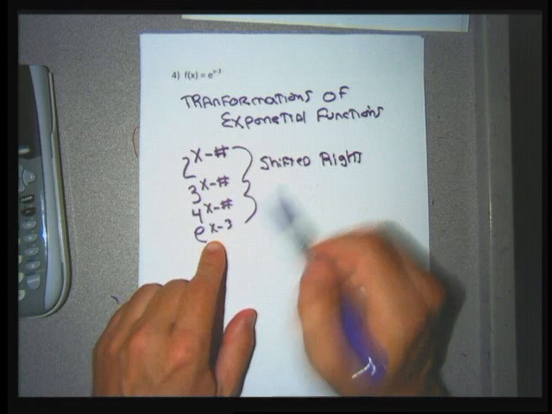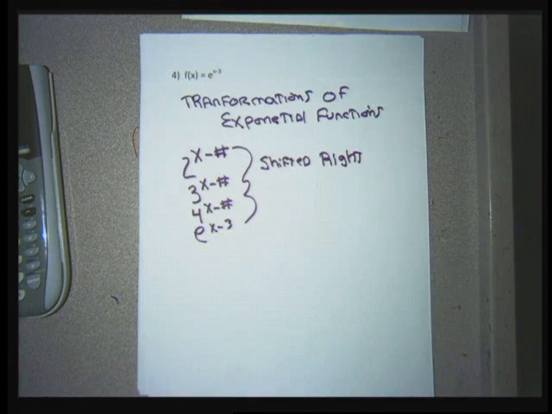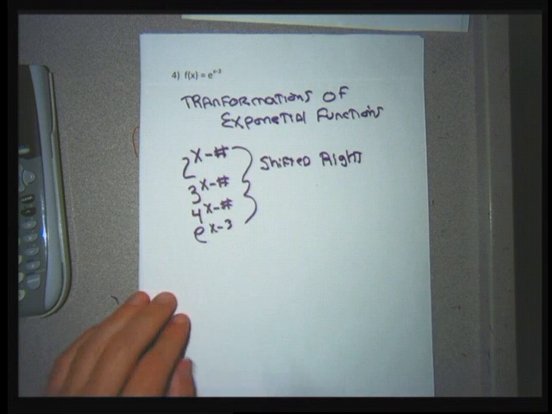In the one we're going to do here, the graph is going to be shifted to the right 3 units. So when comparing the graph of an exponential function to a standard function, if in the exponent there's an x minus a number, the graph is moved to the right by that number. In this case, 3 units.